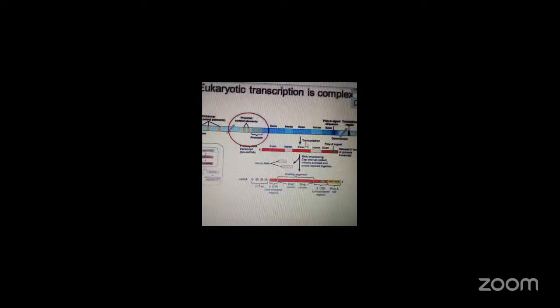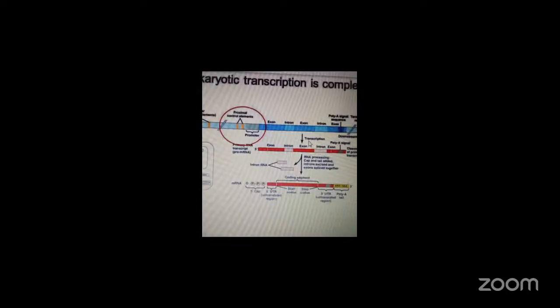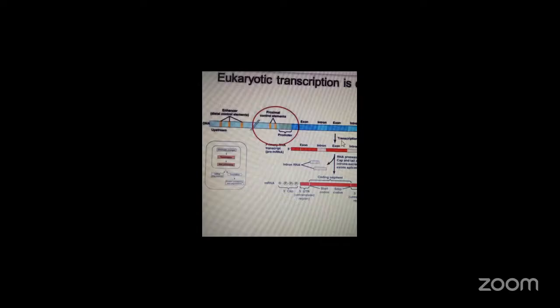So in the eukaryotic transcription complex, what happens? See here the exons. Exons are the expressed coding sequences that are transcribed and translated.